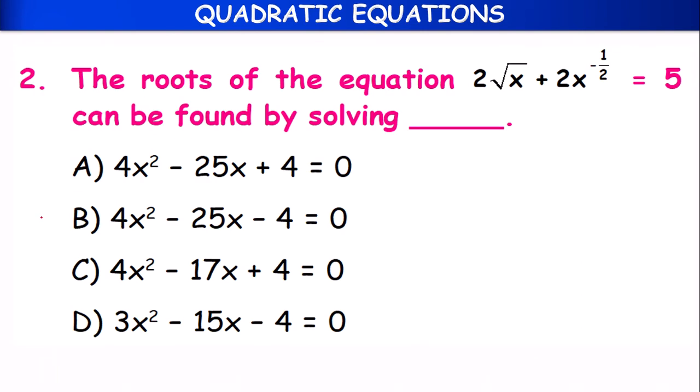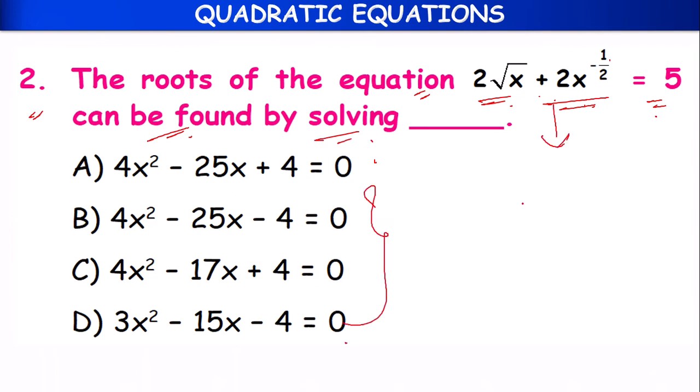Next, children, the second question. The roots of the equation 2 root x plus 2 into x power minus 1 by 2 equals 5 can be found by solving which of the following equations?